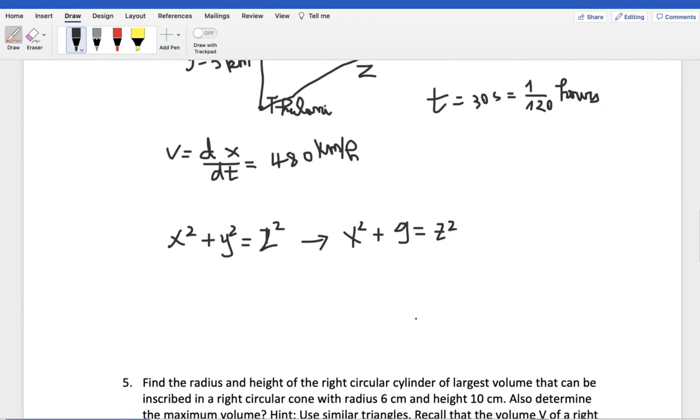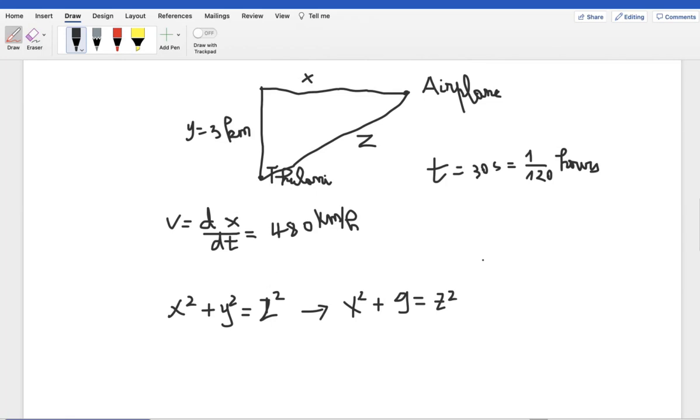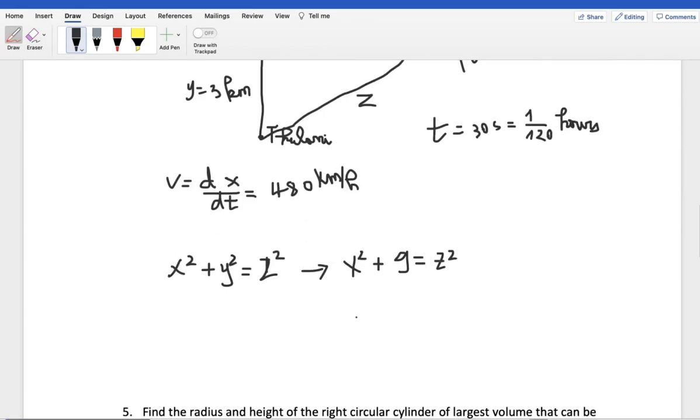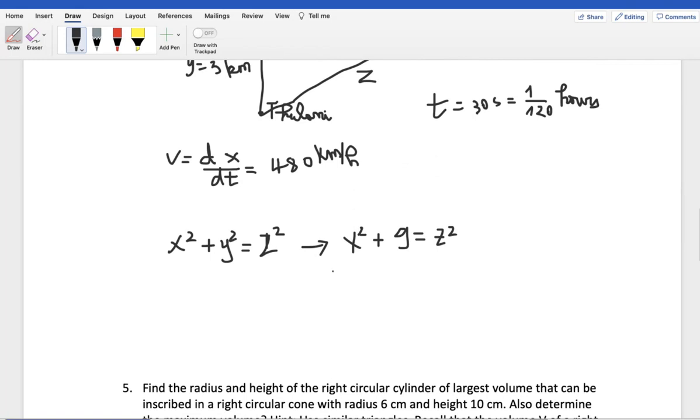So we can take the derivative now. We have our equation. We can take the derivative in terms of time, right? That's what we're looking at, time, on both sides of the equation. So if we do that, on the left-hand side, we have x squared. The derivative of that will just be 2x dx dt.